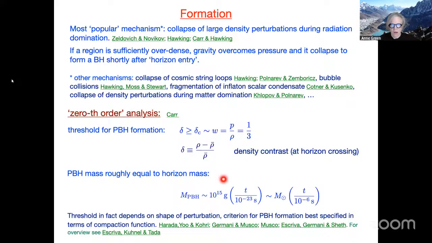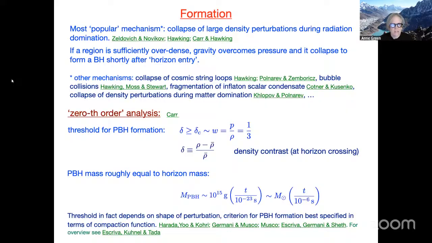So the lightest black holes that wouldn't have evaporated by the present day, the 10^15 gram ones, would have formed 10^-23 seconds after the Big Bang, whereas solar mass ones would form around the time of the QCD phase transition. And we'll see why that's interesting in a moment.